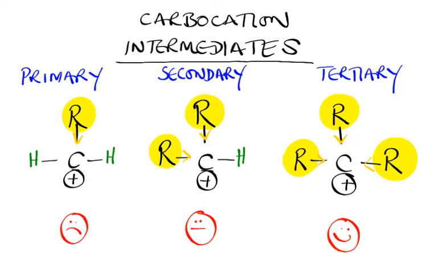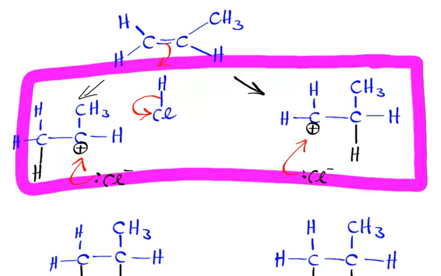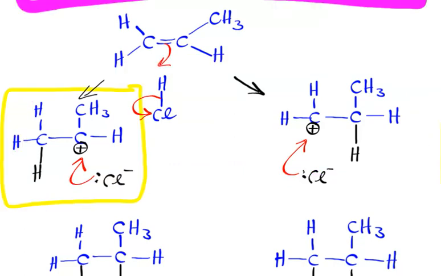Let's go back to our reaction from before. So we said the important stage is to look at the carbocations, which I've highlighted here. So let's look at the carbocation on the left hand side. Here's the positively charged carbon, and hopefully we can see this is attached to 2 R groups and just 1 hydrogen, which makes this a secondary carbocation.